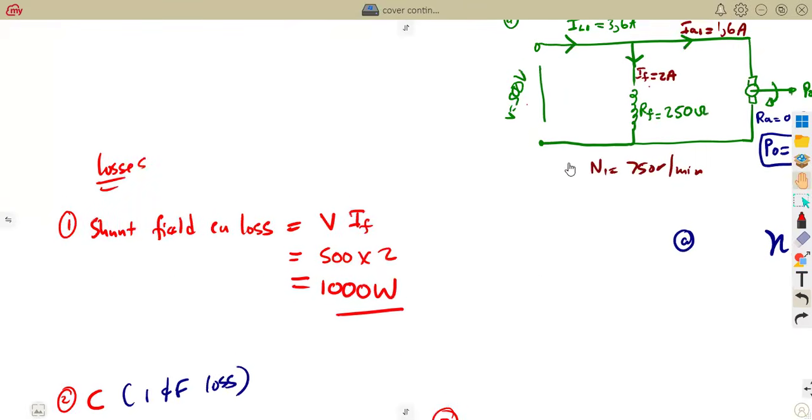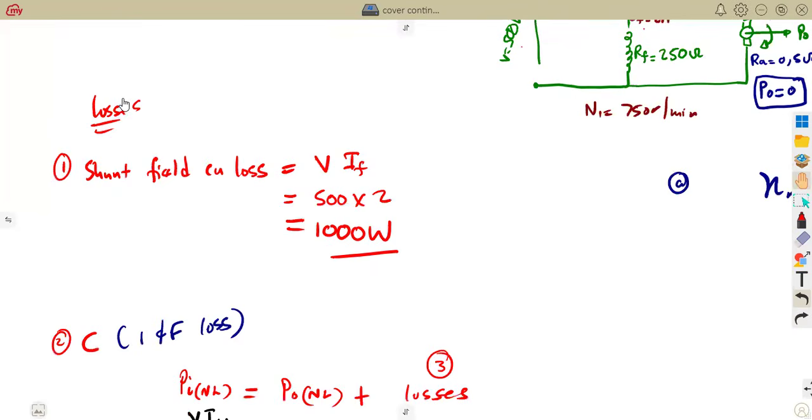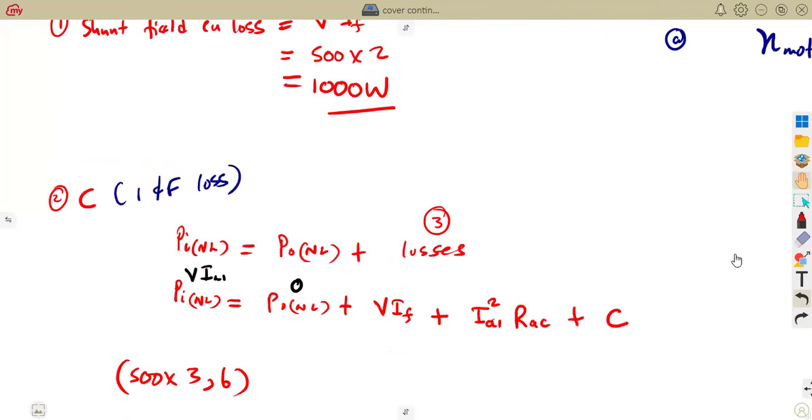All right. We are at no load, remember? So let's substitute. So this is equal to, that's a 0 there. Output, it's a 0. So there's nothing, just a 0 there. Plus the shunt field copper loss. We calculated this shunt field copper loss. We obtained 1,000. Remember, this is the one that we calculated.